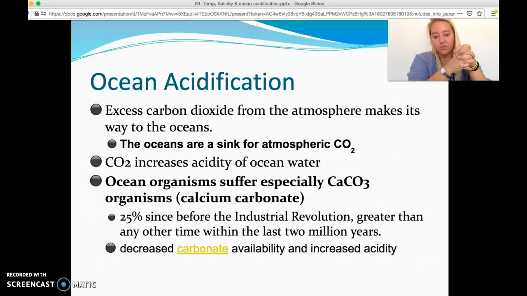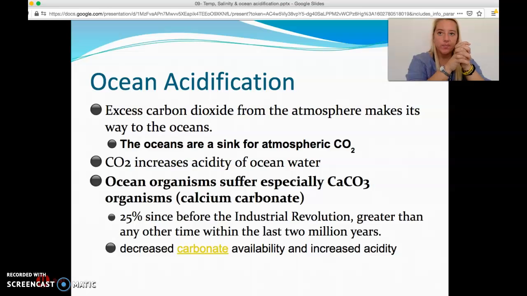So they are actually suffering pretty badly because of this increased acidity. 25% since before the Industrial Revolution, greater than any time in the last 2 million years. I'm not exactly sure what 25%. Maybe we have increased in acidity 25%, but I'm not exactly sure. So I apologize for that one there. But the decreased carbonate availability and increased acidity really hurts these animals.